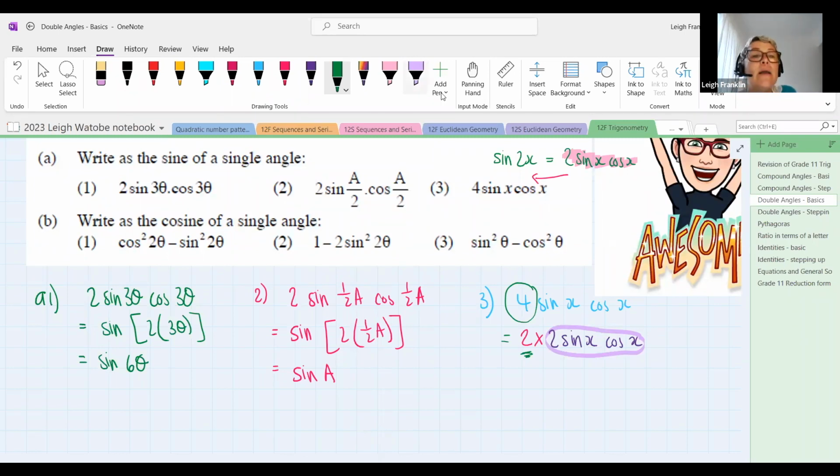So that's why it becomes 2 sine 2x, like so. Okay, so this bit over here that I've done a purple ring around, that's that one. This is where this comes from. This is this from our identity. And I'm doubling it. I'm timesing it by the 2 at the front.